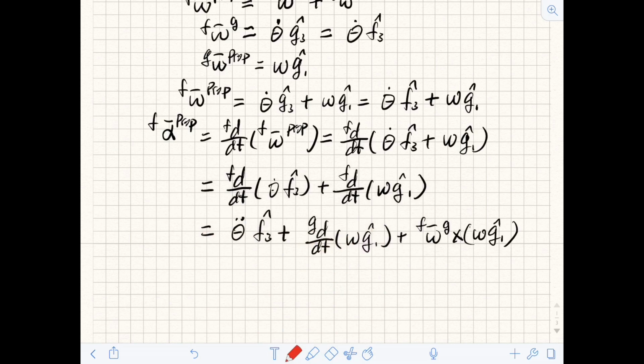Notice that if we write the expansion of the BKE, we have the vector expressed as omega G1 hat. We have G, which is consistent here, and we have the F, which are consistent as well.